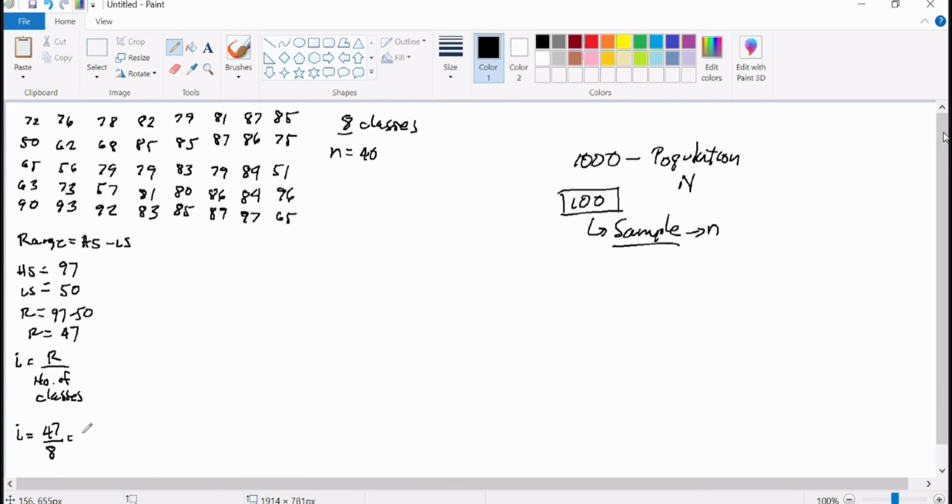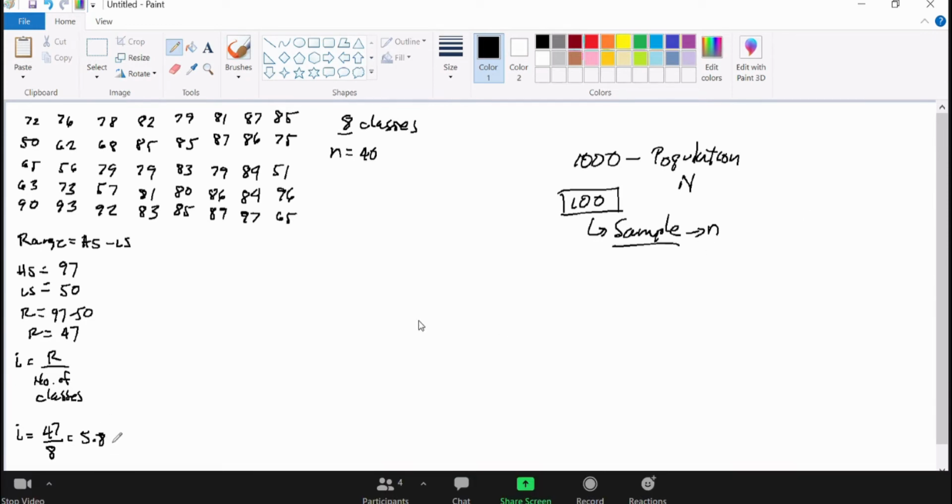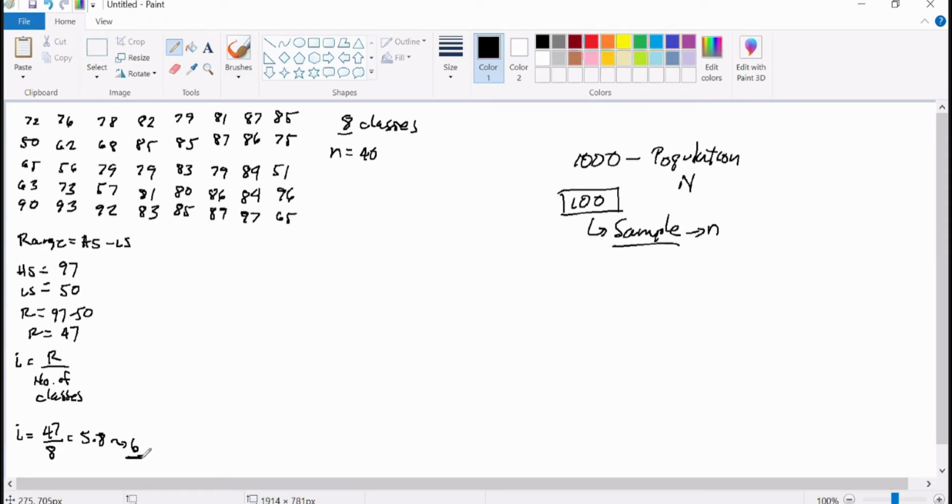It's okay if it is not accurate over here because we usually round it up. We round it up to 6. As long as there is a decimal, we usually round it up.